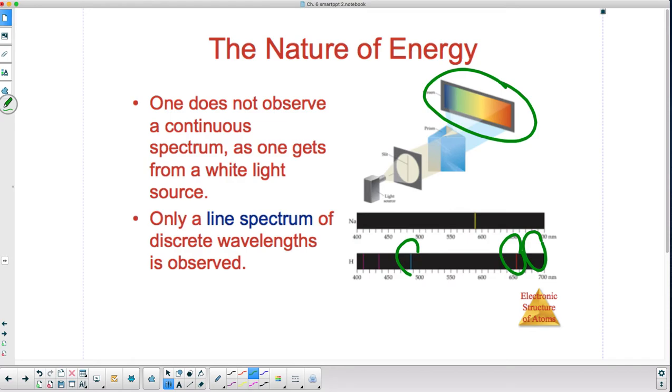Sodium is like a bright yellow light, and one of the reasons why it's a bright yellow is because of that line right there. Notice most of the spectrum here is blank. If we're comparing the continuous spectrum up here to a line spectrum, the lines only take up a very small part of the wavelengths compared to the continuous spectrum. So let's keep going here.